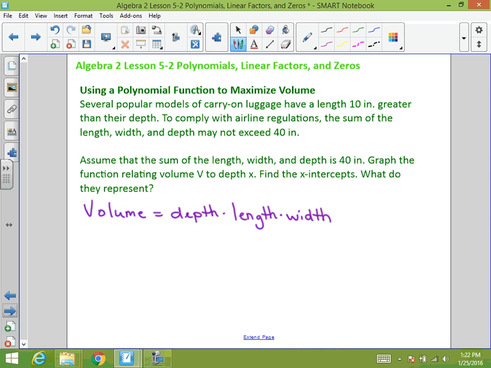But they give us a depth, so I'm going to let x equal my depth, because everything is compared to the depth. It says the length is 10 inches greater than my depth. So x plus 10 is going to have to equal my length.